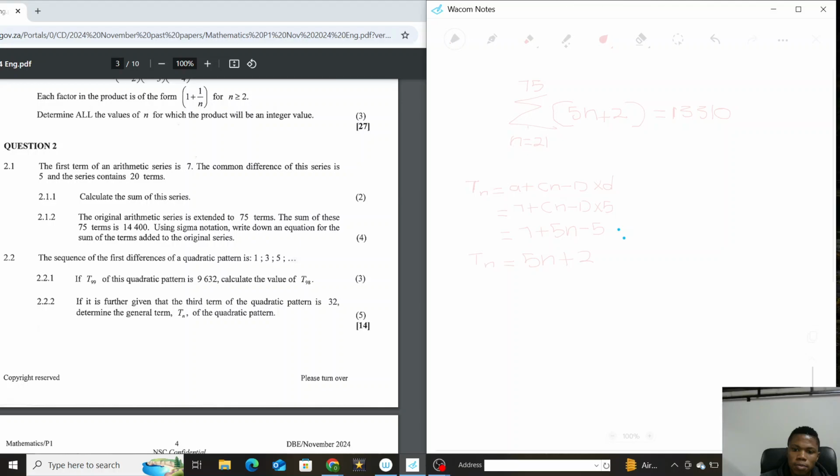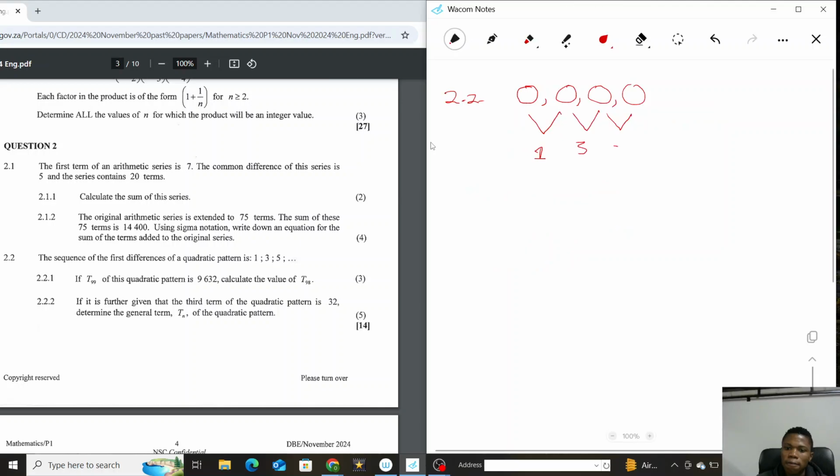Here would be 1, here would be 3, and here would be 5. Because it is a quadratic pattern, it must have a second common difference, which is 2.